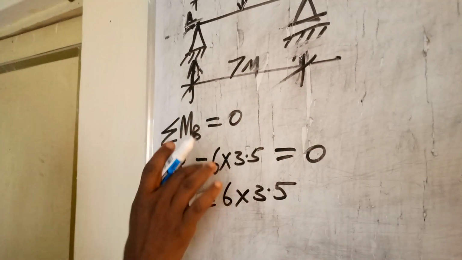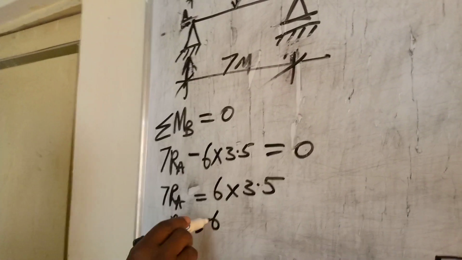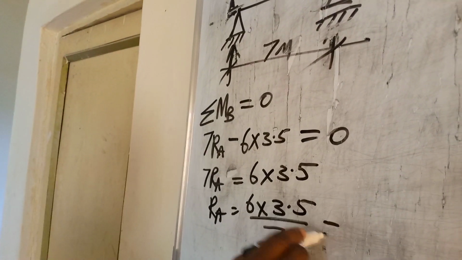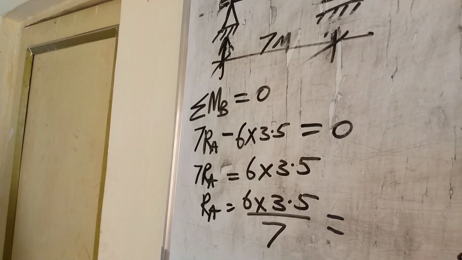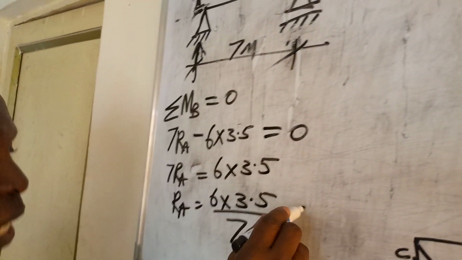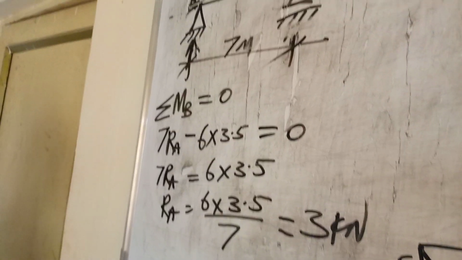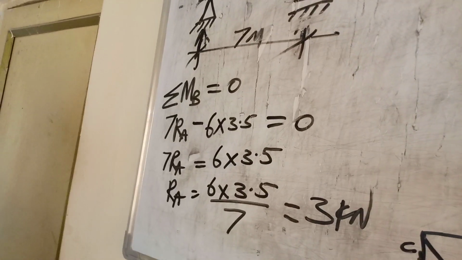It has gone over, so the sign changes. RA, the reaction A, is equal to 6 times 3.5 divided by 7, which in this case gave 3 kilonewton. So we have gotten reaction A.